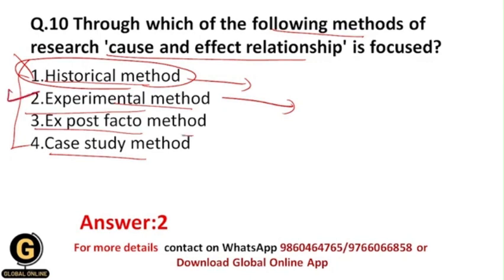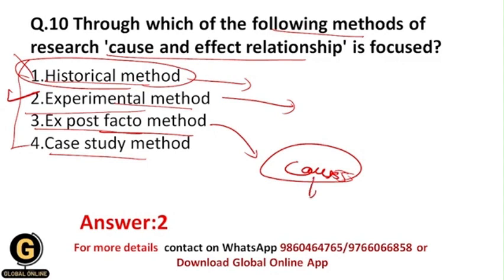Within the ex post facto method we study the causes of an event which has already happened in the recent past. Again here you see the relationship between cause and effect variables, but you can't manipulate the variables. The variables are not in your control because the incident occurred in the recent past, and that's why your focus is not on cause and effect relationship only, but on other things as well.